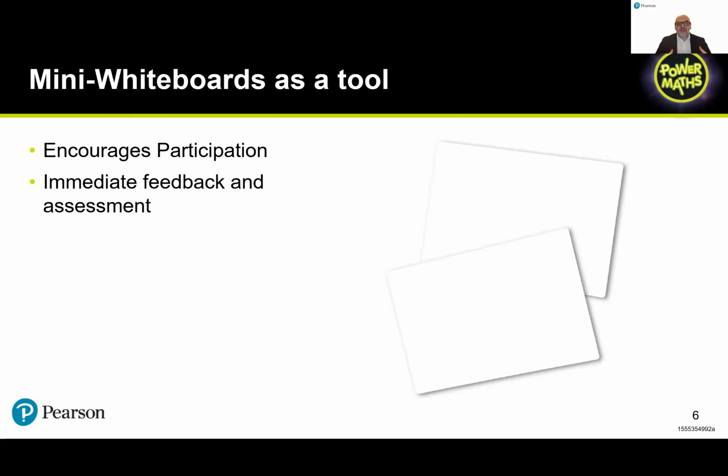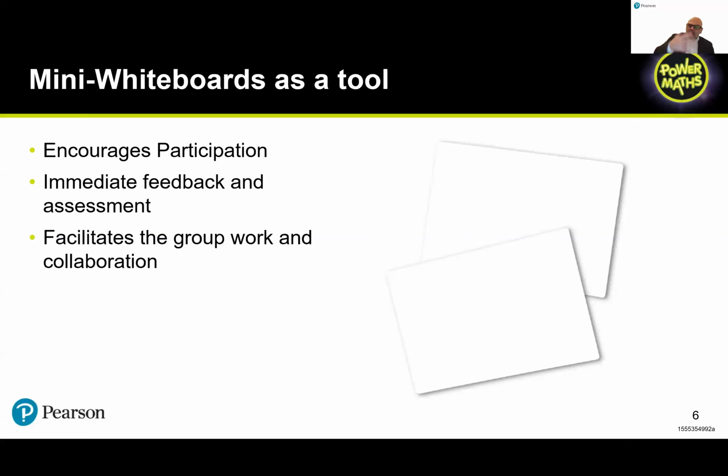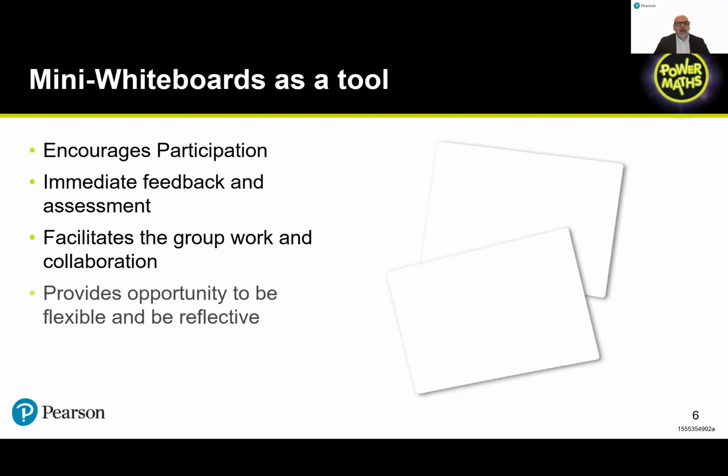That mini whiteboard tool allows them, individually and then comparing to one another, to show the process they went through, and they can talk about it. It allows you as a teacher to go around and look at the feedback. Immediately you can see, oh, they're on the right path, they're not on the right path, etc. So it gives you that immediate feedback and assessment. I've just talked about it facilitating group work and collaboration amongst children, and it provides the opportunity to be flexible and also be reflective.